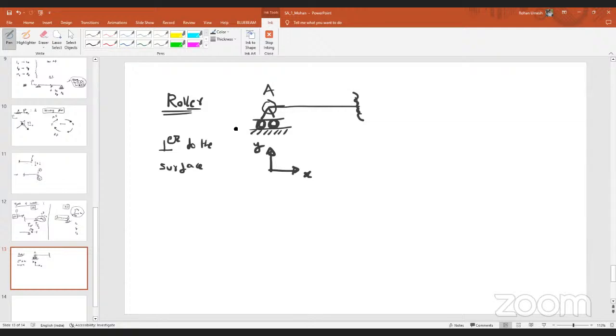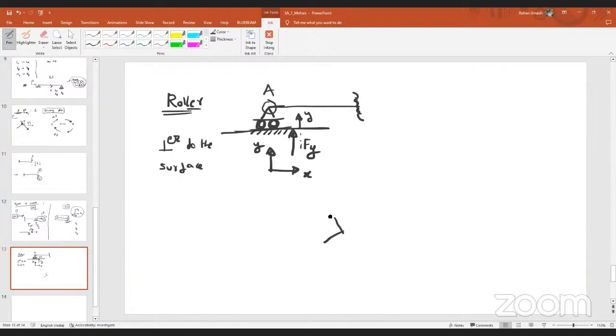What is the surface here? The surface of the roller support I am considering as truly horizontal. So what is the perpendicular direction to the surface? In this case, it is Y. So it will not allow any displacement along the Y direction. That's why resisting forces will develop only along the Y direction.